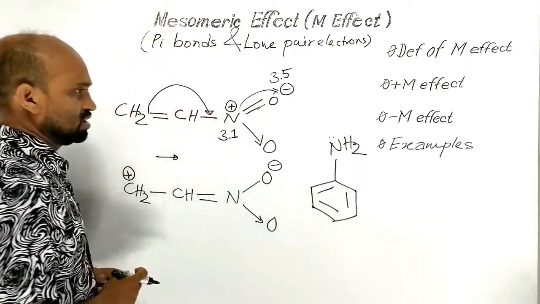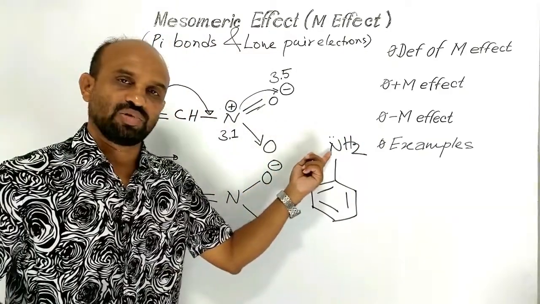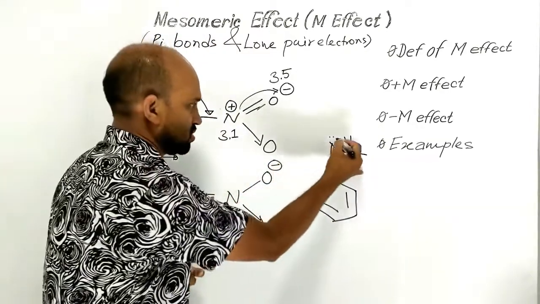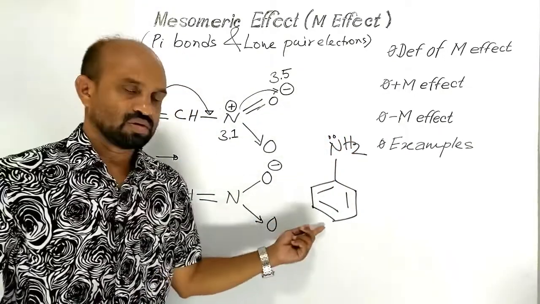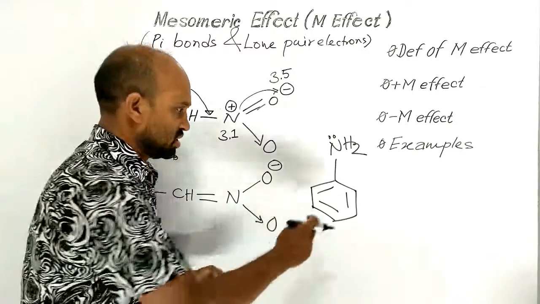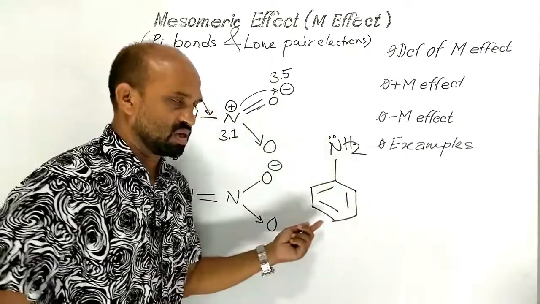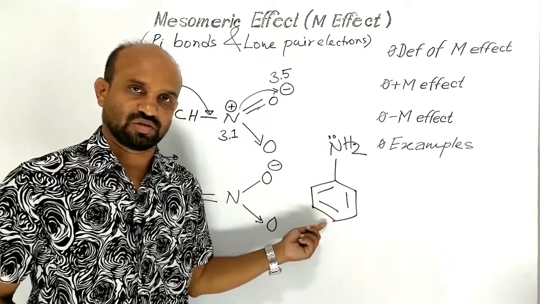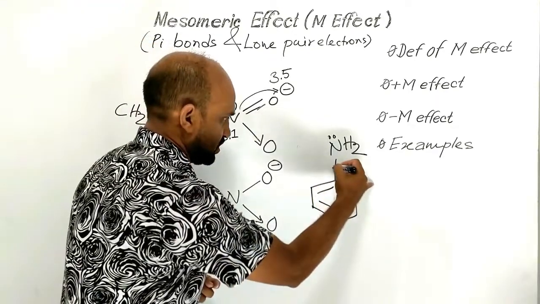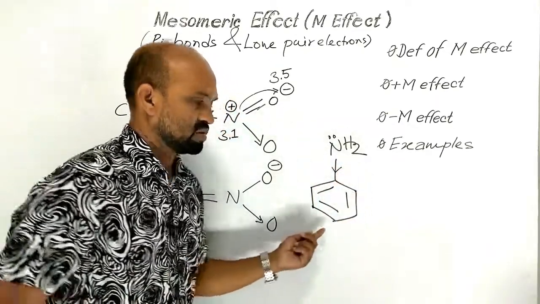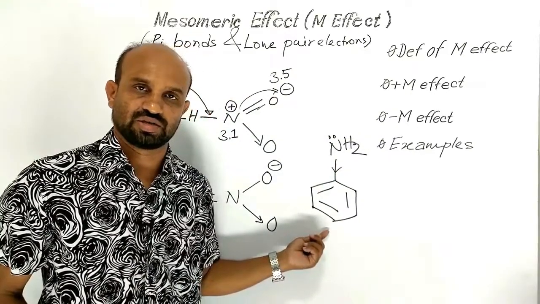This is aniline. Amino group contains one pair of electrons. We know these pi bonded electrons move continuously. Because of the continuous movement, phenyl group achieves electron withdrawing nature.